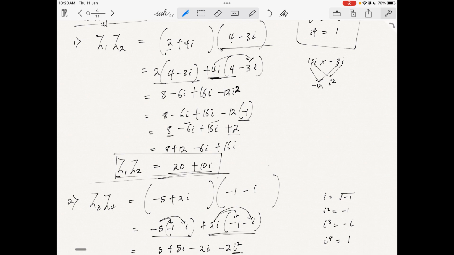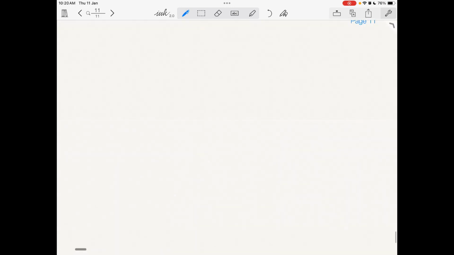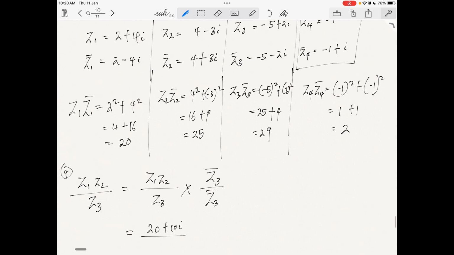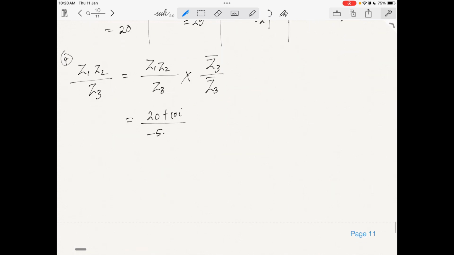We solved it before to give us 20 plus 10i, and our z3, as we can see, is minus 5 plus 2i, and the conjugate of minus 5 plus 2i will be minus 5 minus 2i.